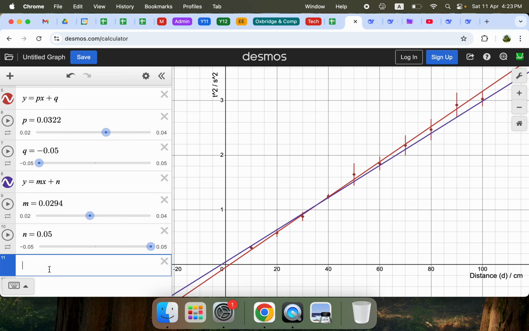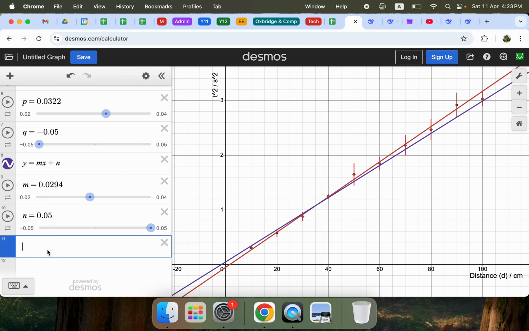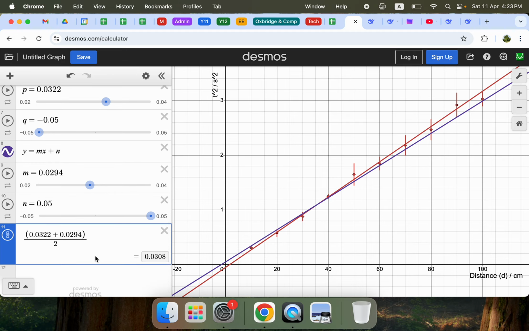Now I can use these max-min lines to work out another best fit line that is going to be very similar to the best fit line that Desmos gave me. I can use the slopes here to work out the average slope: 0.0322 plus 0.0294, divided by 2. That is going to be the slope of my best fit line.